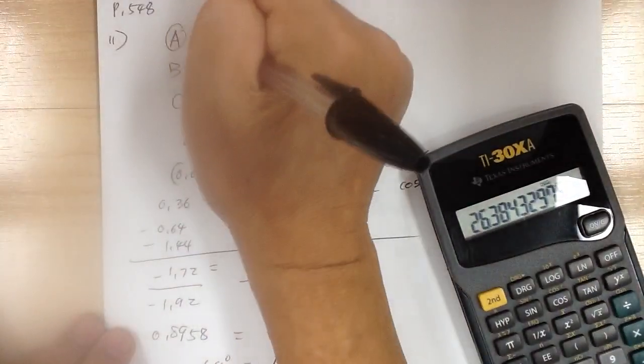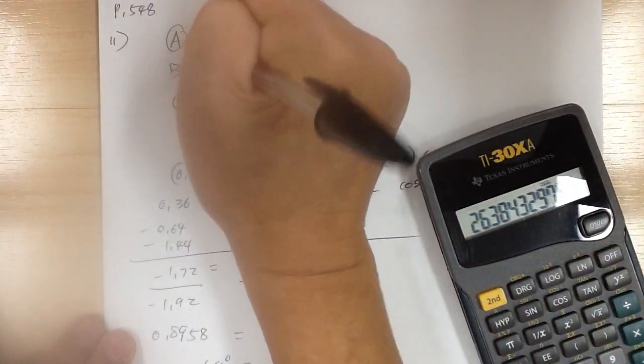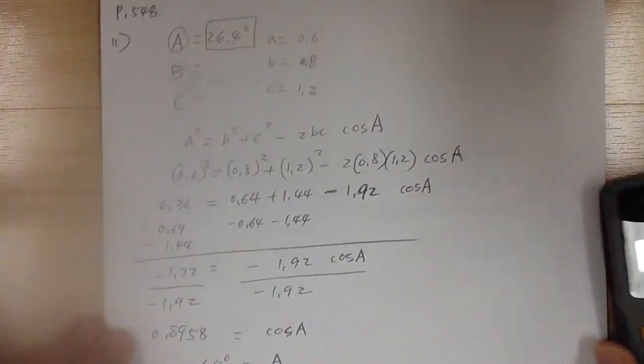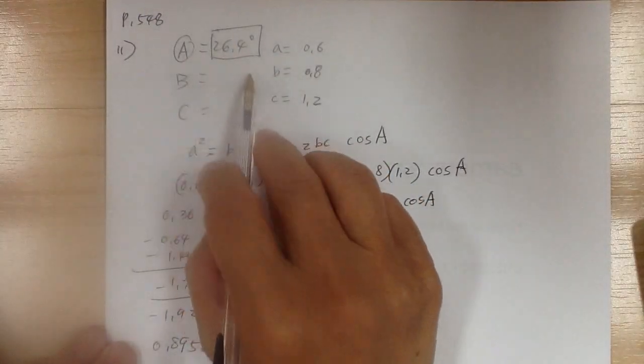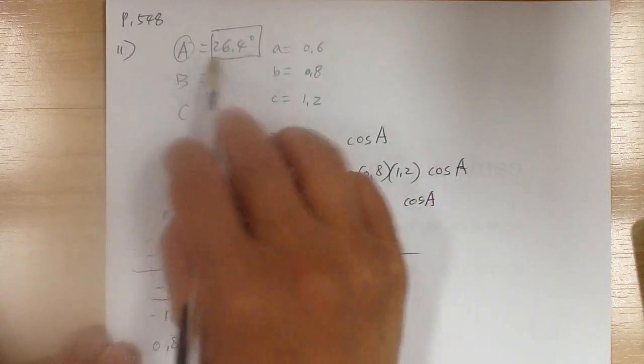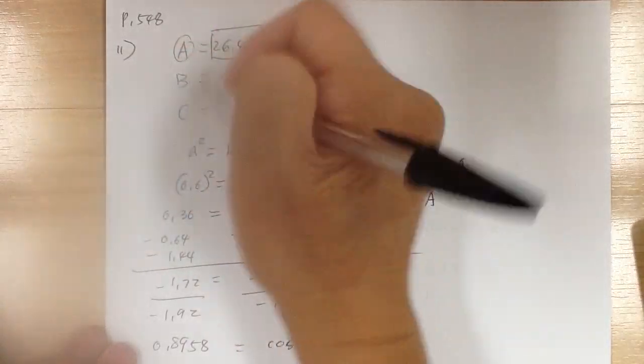So this would be 26.4 degrees. And the reason I put the answer up here is because in the future you have to figure out the B and the C. You have to figure out everything. So might as well just keep everything over here.